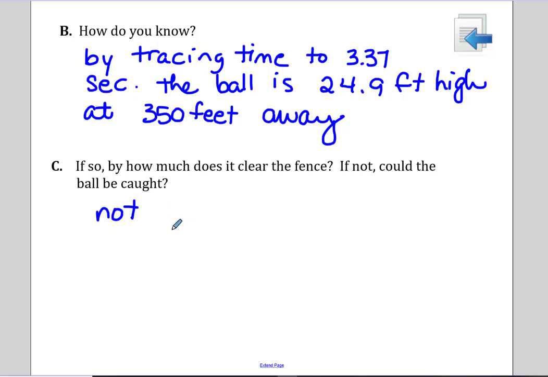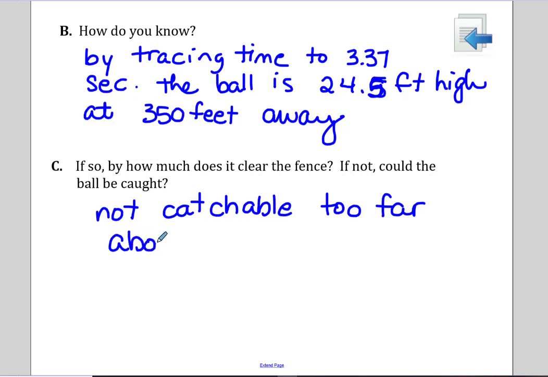It'd be pretty hard to jump 25 feet tall. I said 24.5 feet high. It's not catchable. It's too far over their head for a normal jump.